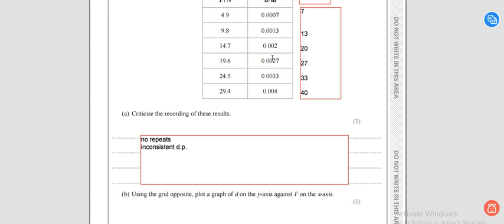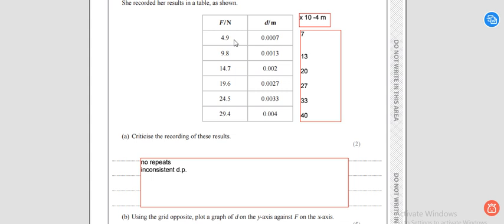We see here that there is no fixed number of decimal digits, so this is the first thing. The second thing is we have no repeats for each value of mass or of force.